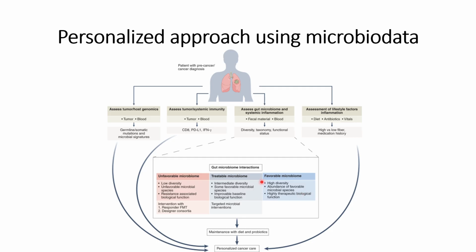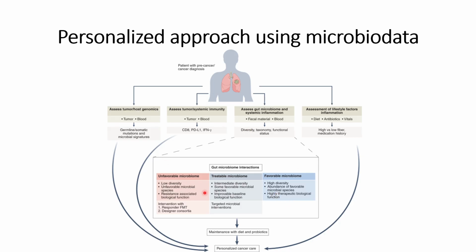And the favorable microbiome has high diversity, with varying species that can perform different functions, and they are abundant in terms of microbial species and highly therapeutic biological functions. So they can be used to therapeutically target biological functions.